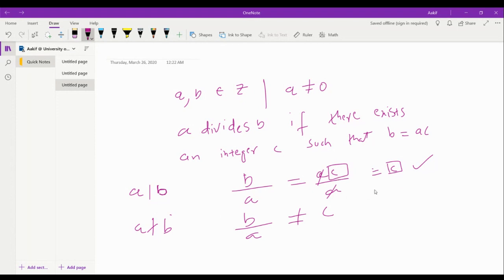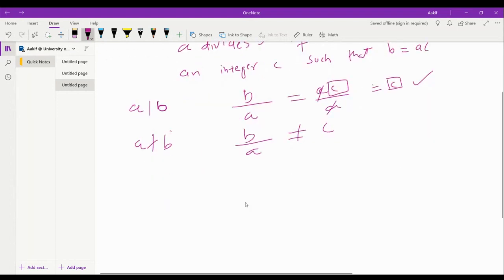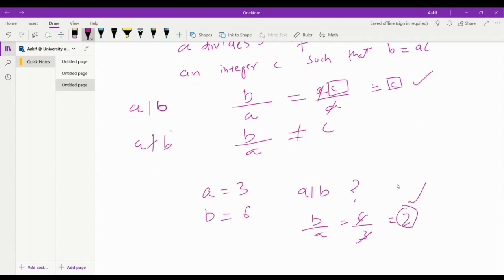Now we can think of an example where A is equal to 3 and B is equal to 6. Let's check whether A divides B. B by A will be equal to 6 by 3, which gives us 2, an integer. Therefore, A divides B is true.